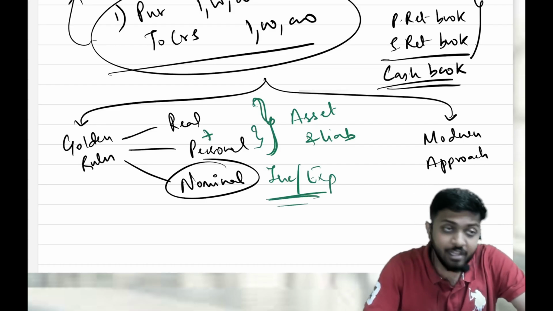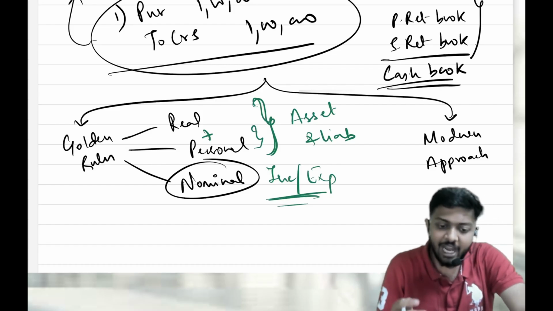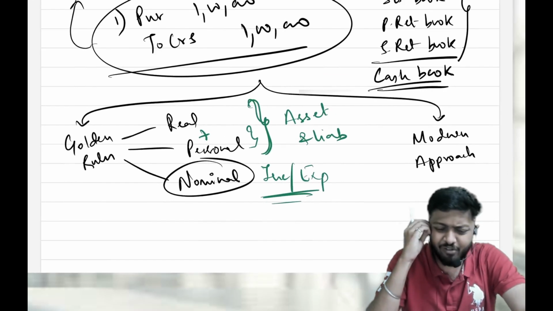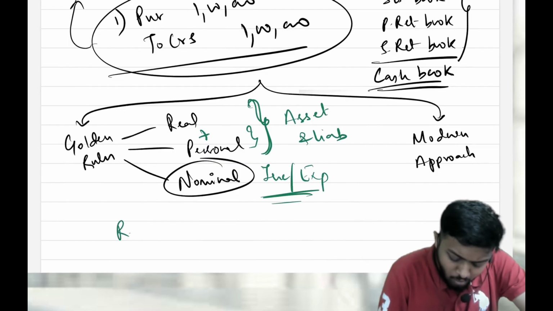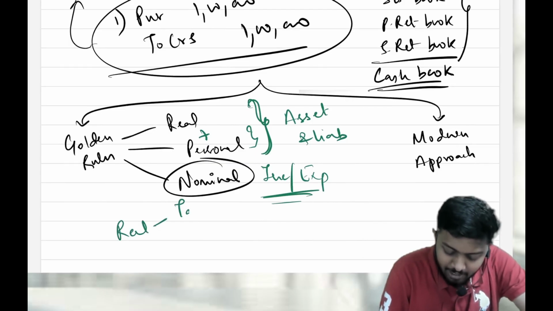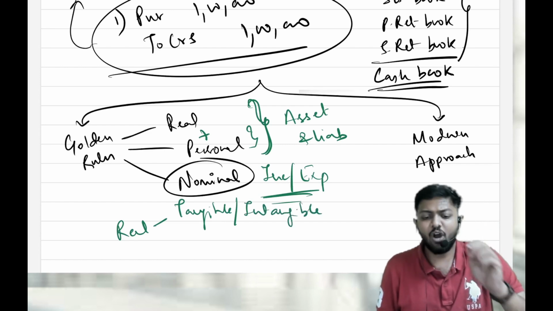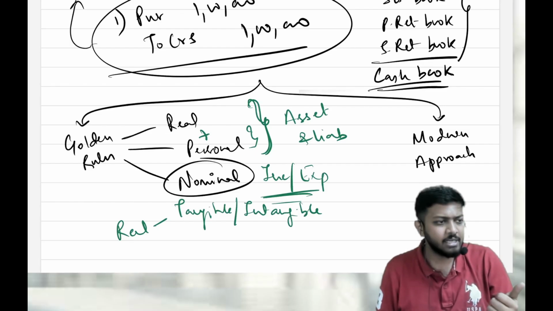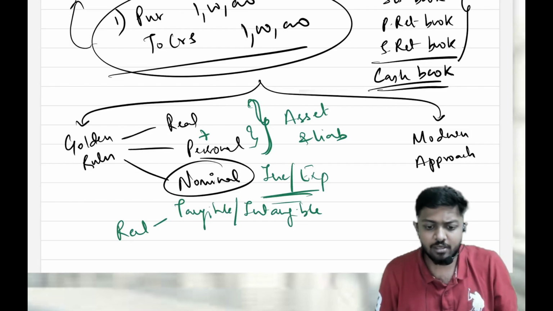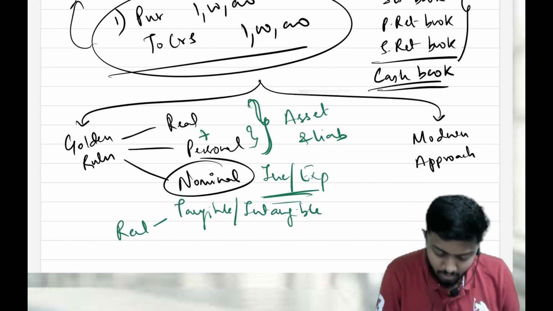Sir, how to classify these assets and liabilities further as real and personal? To keep it very simple for your understanding, in real account, all kinds of tangible and intangible assets will come. For example, all the fixed assets, plant and machinery, furniture, stock, cash, all these will come under real account.